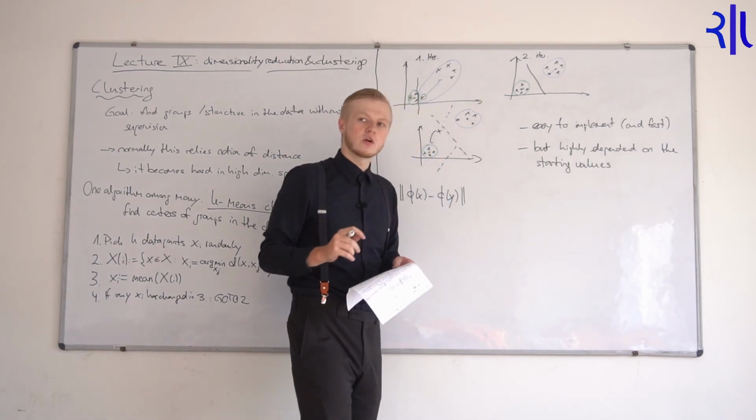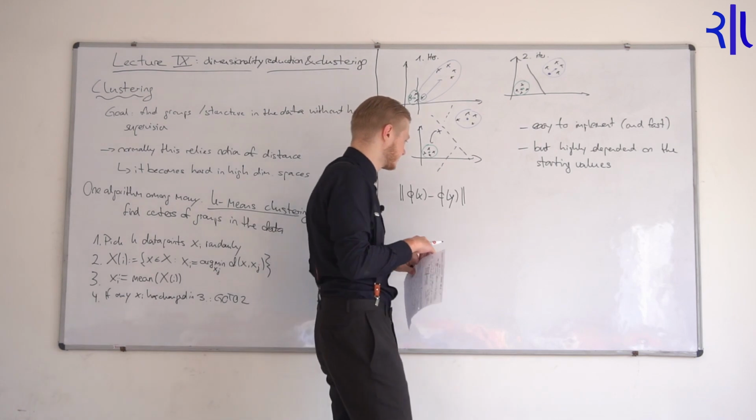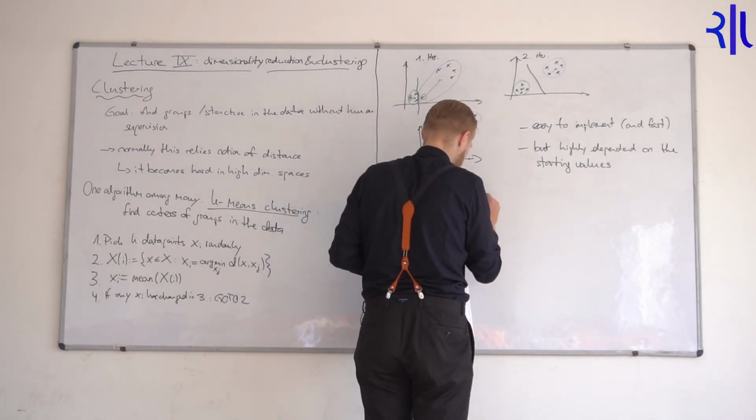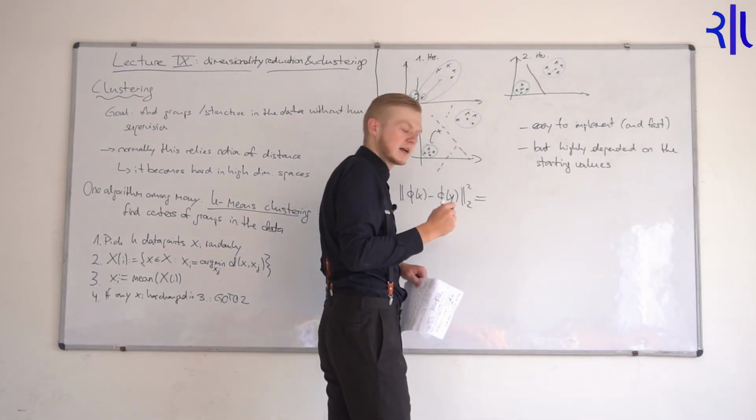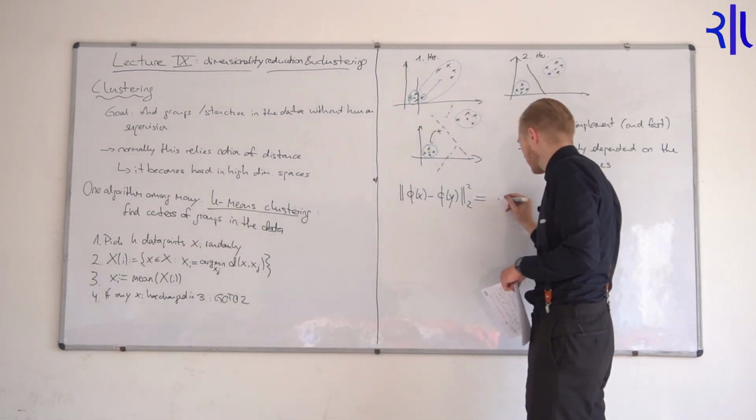So we can look at the norm of the difference of two feature mappings, and we can calculate that just the same way as we would do without the feature mapping.